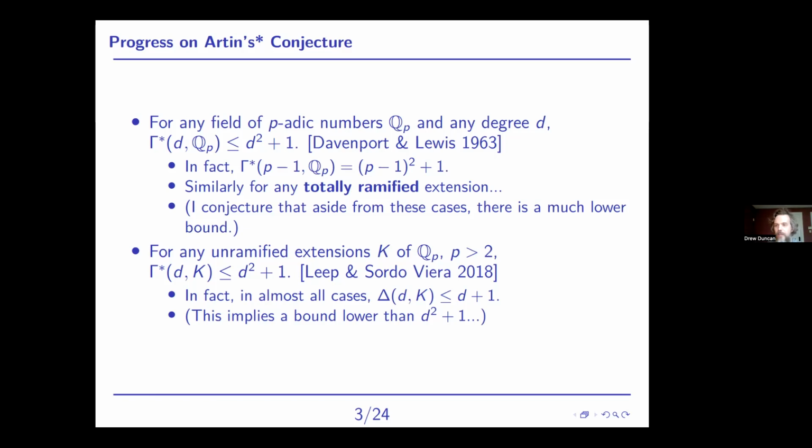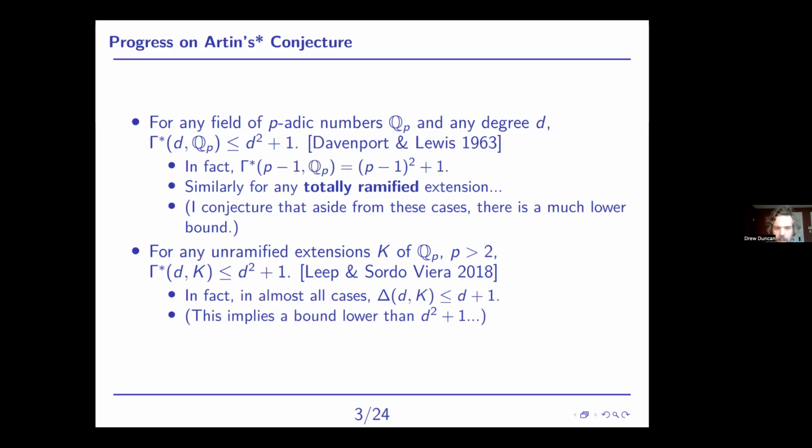This same form, or an analogous form, exists for all totally ramified extensions of Q_p. And so we get a similar situation for all of those extensions. But as far as we know, these are the only situations where this occurs.